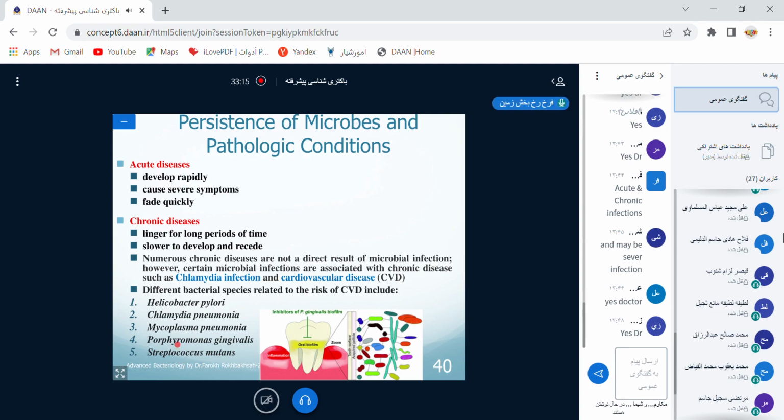And these last two are causative agents for dental decay.